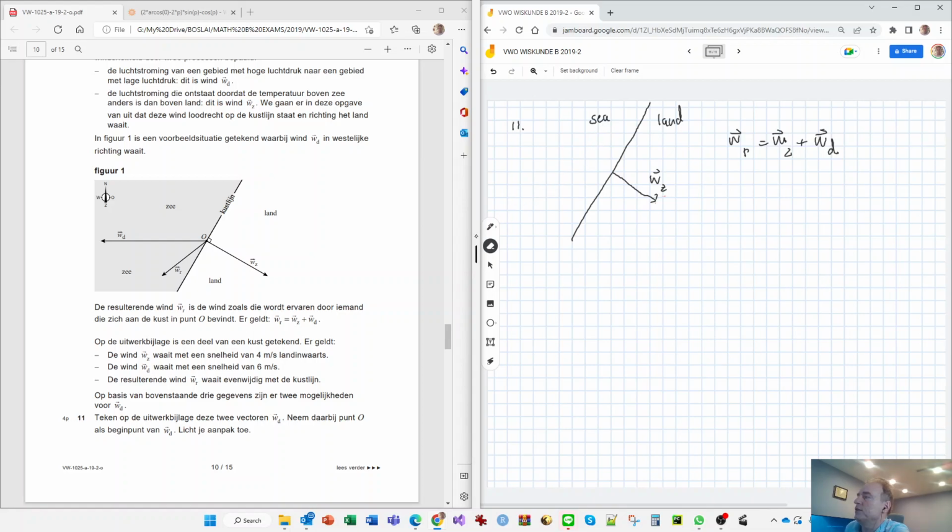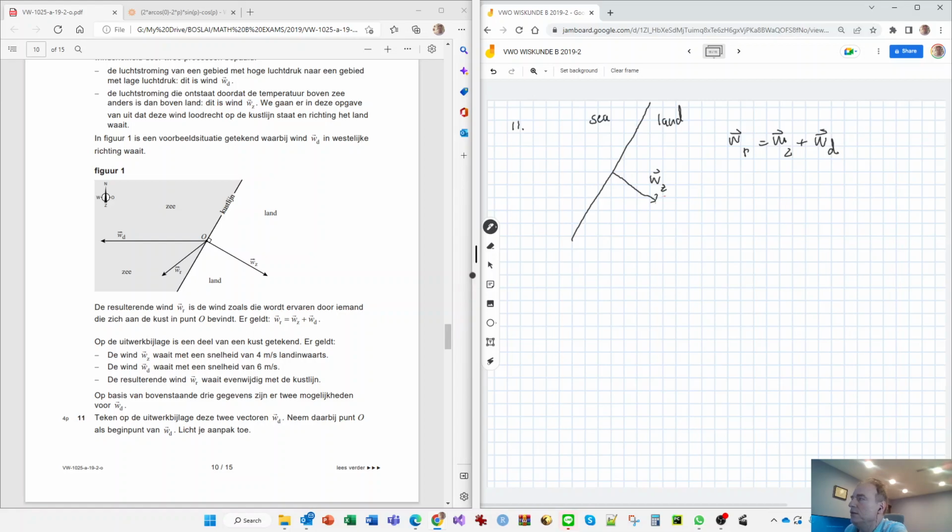Well, if the resultant is along this coastline, I guess there are two possibilities. Either up or down, as long as it's along the coastline. So let's just see what all the possibilities are for WR, given that we know WZ.